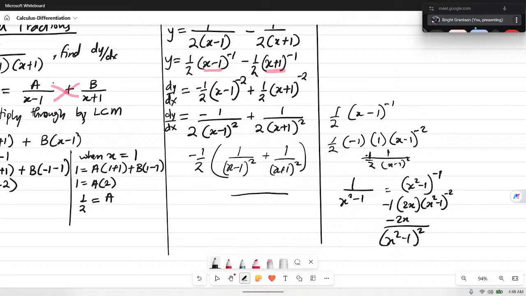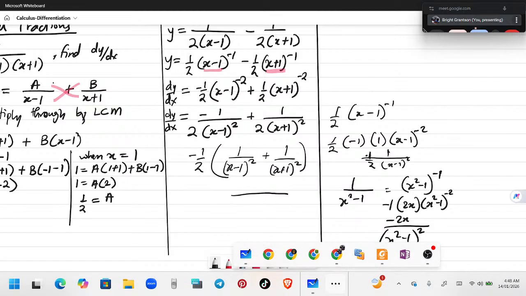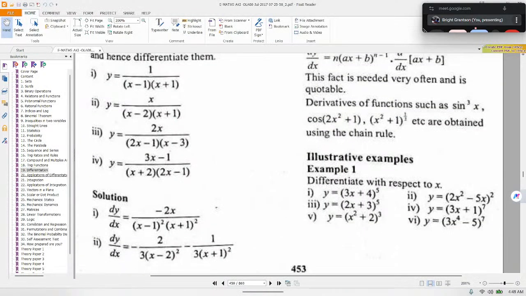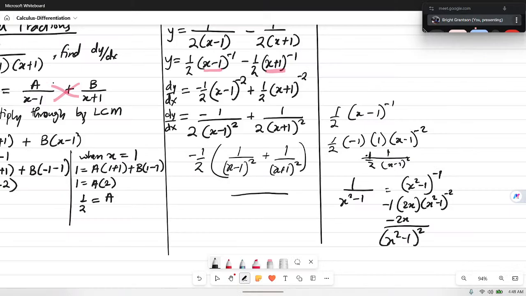Okay. Let me go look at their solution. Negative 2x over x squared minus 1 squared. Then eventually they use difference of two squares. Negative 2x, x squared minus 1 becomes x plus 1, x minus 1, another x plus 1, x minus 1, right?